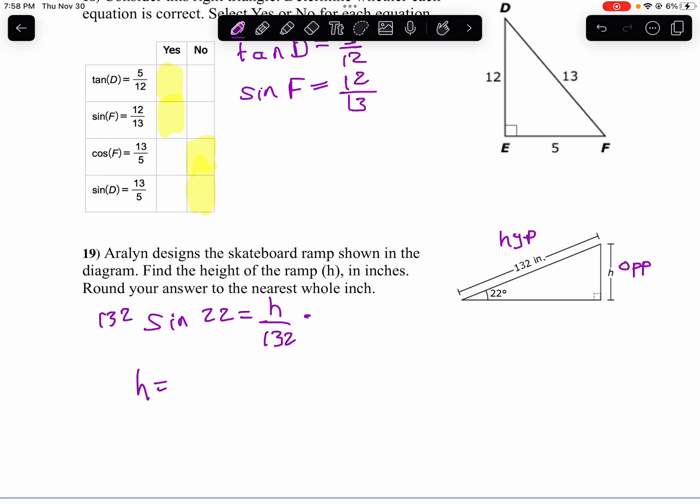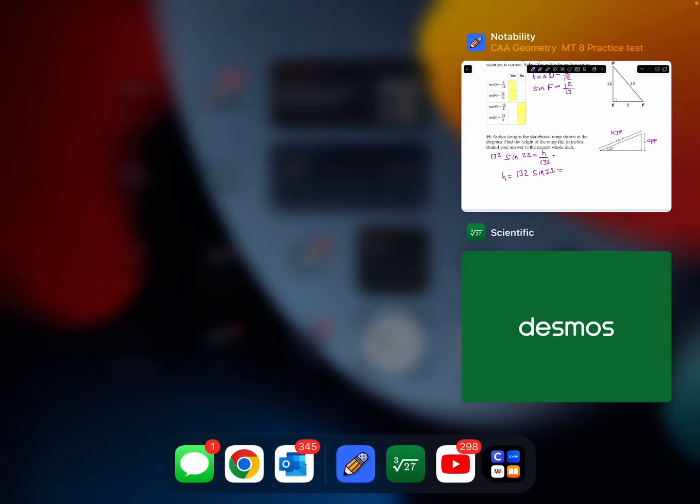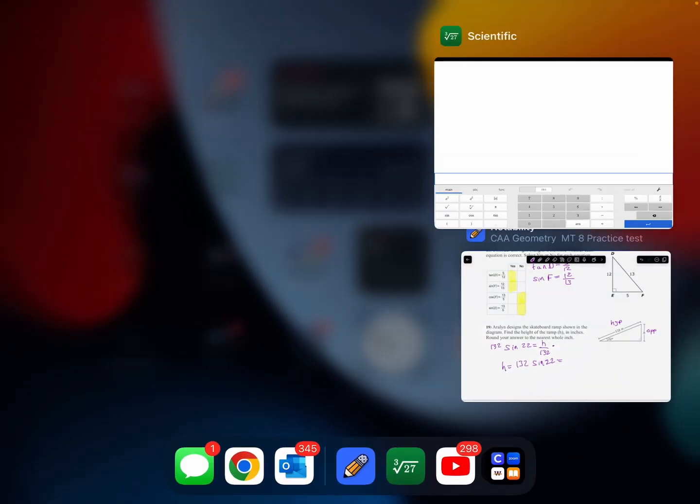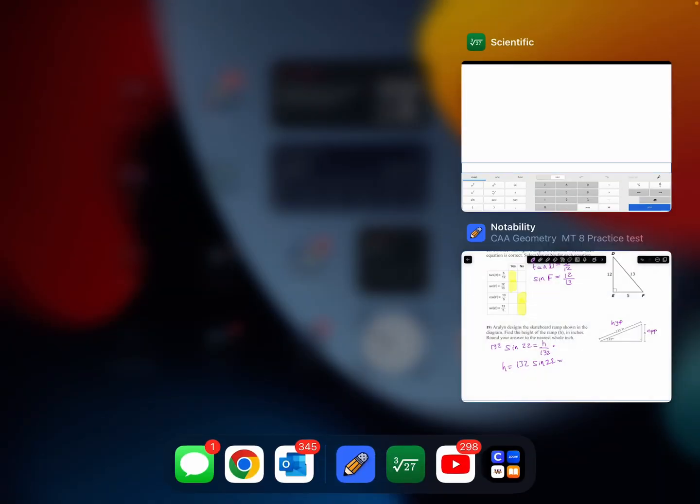So the exact answer is 132 times the sine of 22. Notice we want to round our answer to the nearest whole inch, so we'll use our calculator at this point. Let's get this back in here so it shows us. I'm absent-minded, sorry about that.